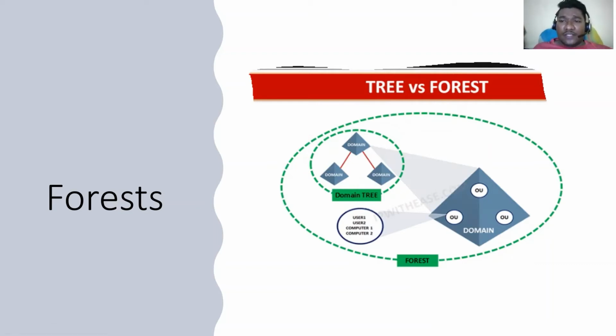We say forest because it is unique and shares the overall schema across the multiple domains or tree root domains in a forest, which is the same everywhere. Schema is nothing but how your Active Directory is structured. That is nothing but a forest.